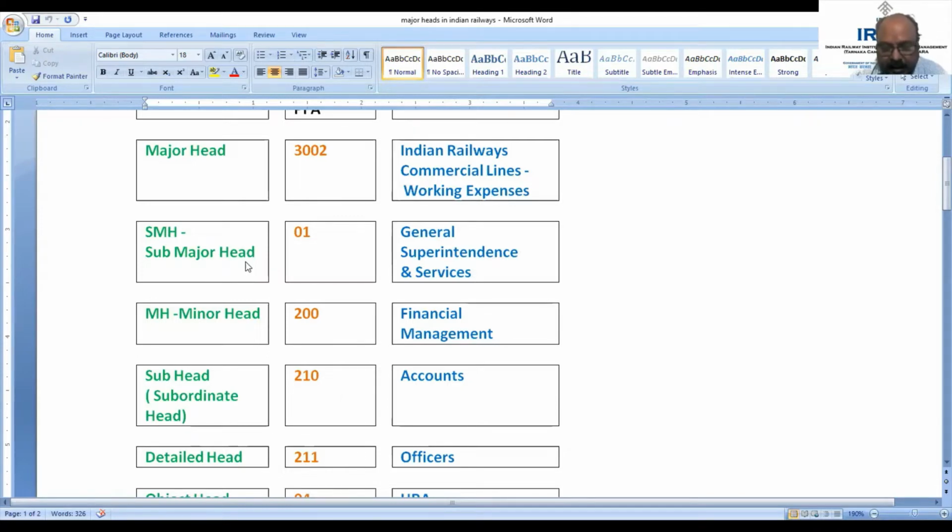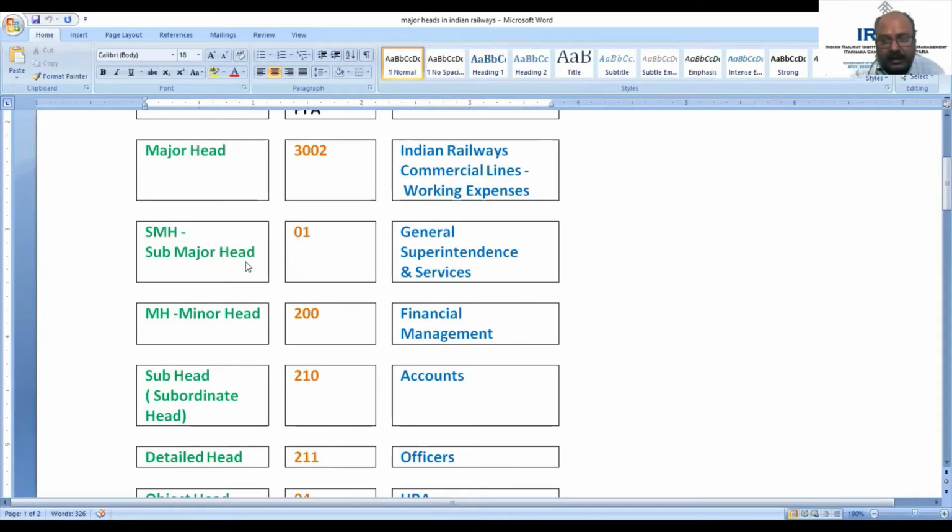100 is general management, 200 is finance management, 300 personnel, 400 stores, 500 engineering, 600 mechanical or rolling stock management, 700 electrical, 800 S&T, 900 traffic, that means including commercial and operating.